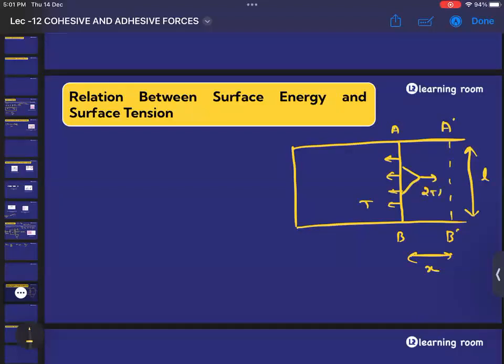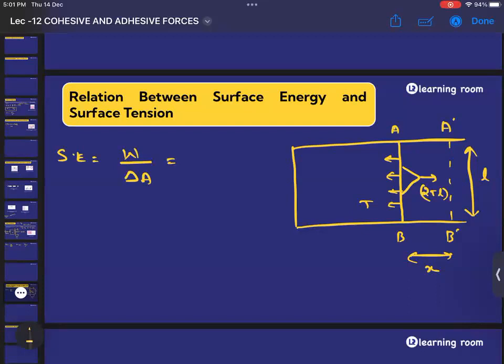Now this will be 2T into L. Am I right? So what do I need to do? For me to calculate surface energy, what are all the parameters I need? Mathematically, I need work done in the numerator, delta A in the denominator. So surface energy is equal to work done per unit area.